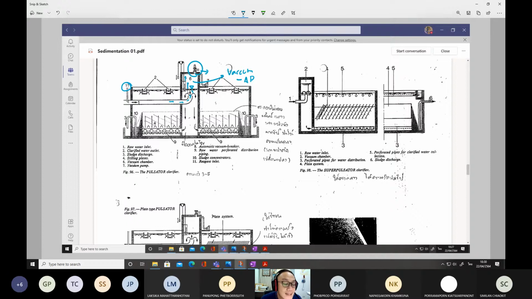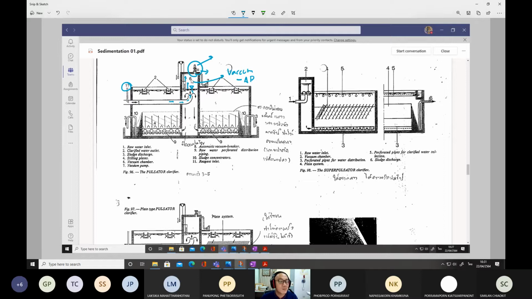The water level increases for some time, and then we immediately open or release this valve. Once we open the valve, the pressure inside the chamber equals the atmospheric pressure.